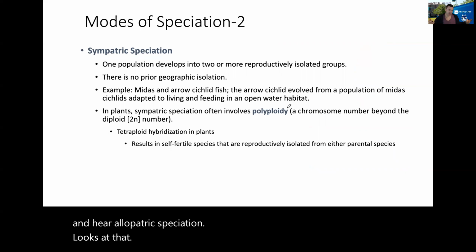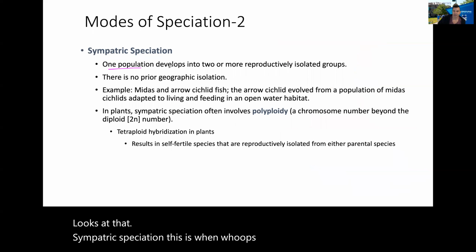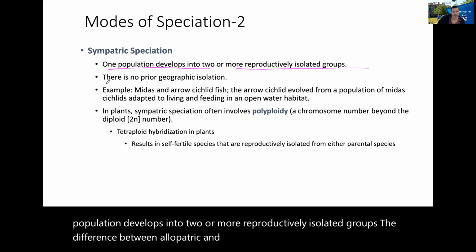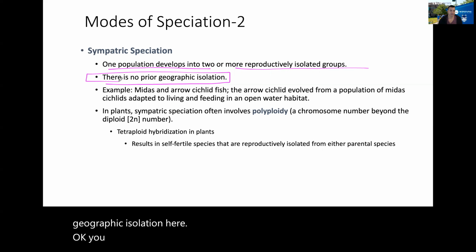Sympatric speciation. This is when one population develops into two or more reproductively isolated groups. The difference between allopatric and sympatric is that there is no prior geographic isolation here. You truly get an adaptation that occurs because of a subtle little change that happens very quickly.